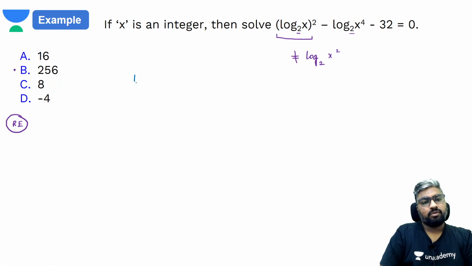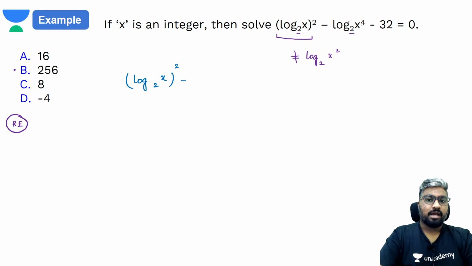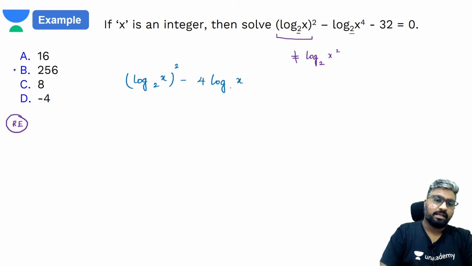So what do we have? We have log x to the base 2 whole square minus log x power 4 to the base 2. Log x power 4 to the base 2 is basically what? 4 times log x base 2, correct? I'm bringing this exponent to the front. Minus 32 is 0.